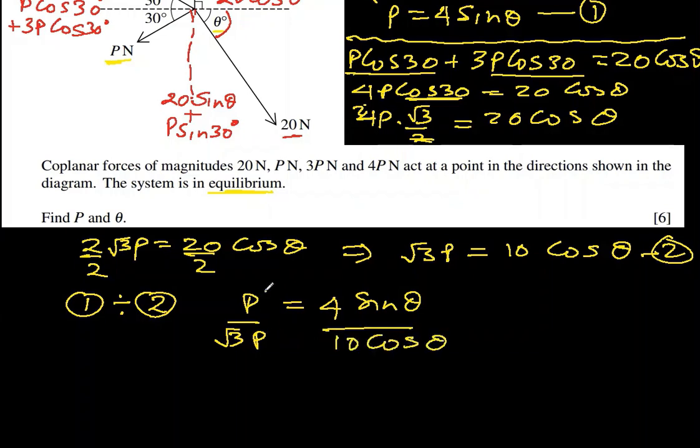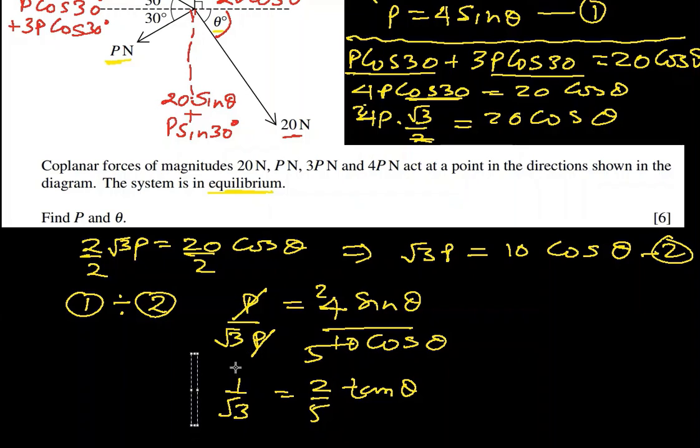And this was the reason. P and P will cancel out. We will be left with 1 over square root 3. And 4 and 10 cancel out. And sine over cos is tan. It becomes 2 over 5 tan theta. That was the purpose. Sine over cos is tan theta. That identity helps us to isolate theta here.